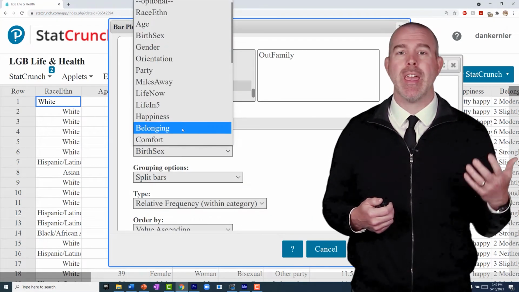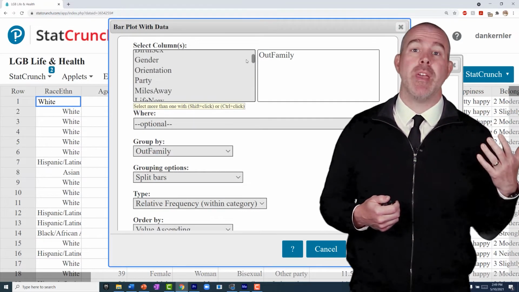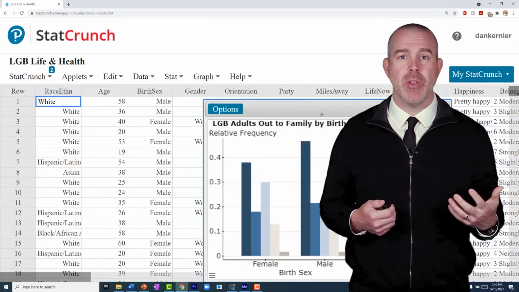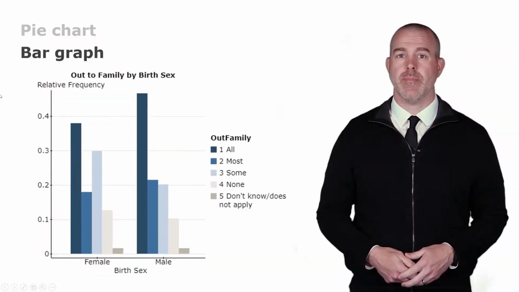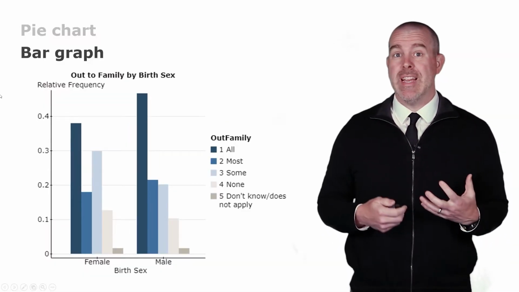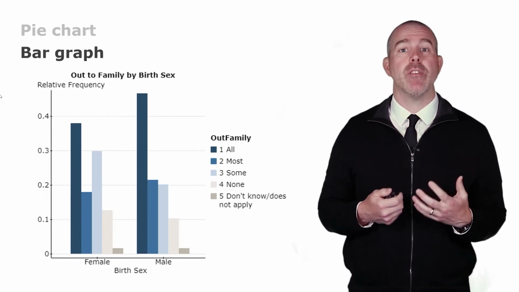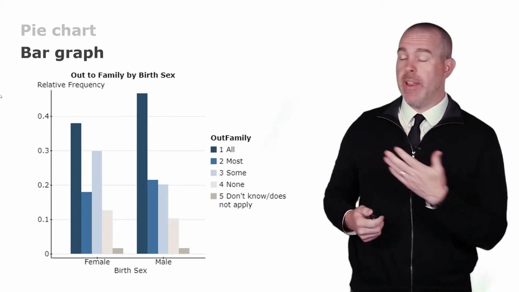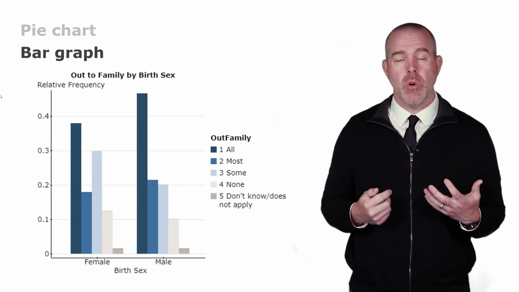So all we do, we go back in, we do options, edit, and switch what is being graphed and what it is being grouped by. And then when we hit compute again, we can see it looks like the way we want it to. And what this graph does for us is it lets us see if there's a difference in how much of the family the individual is out to, whether they are male or female. And in this case, we can see that the men are more likely to be out to all of their family.